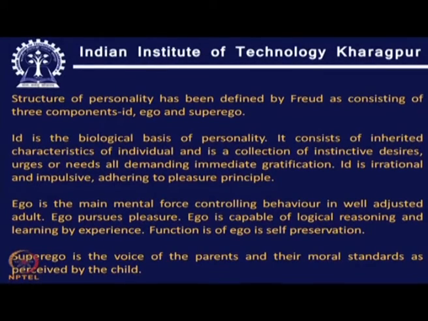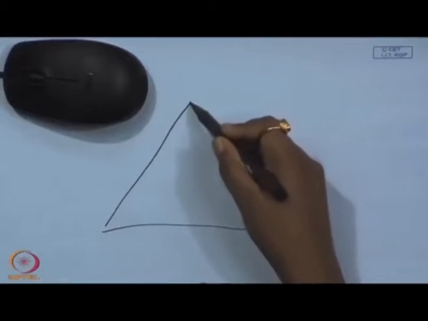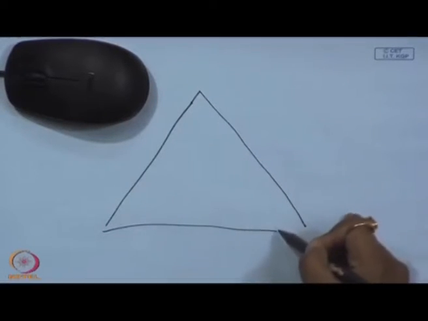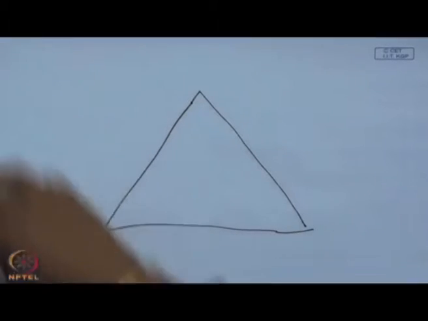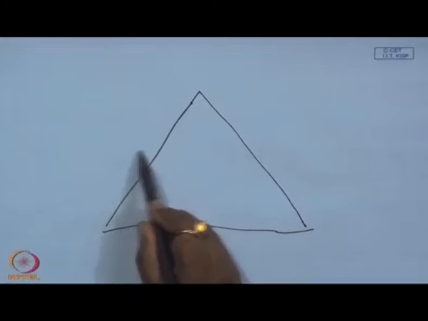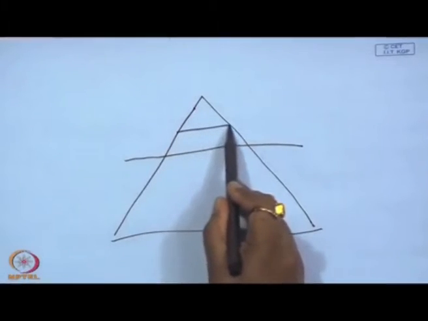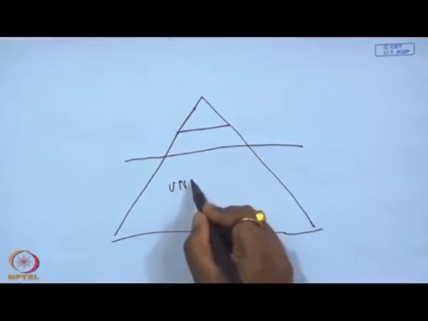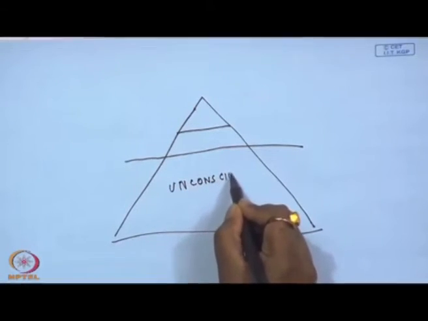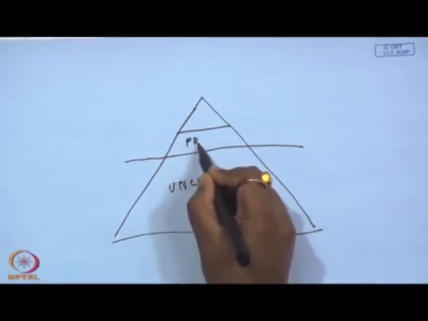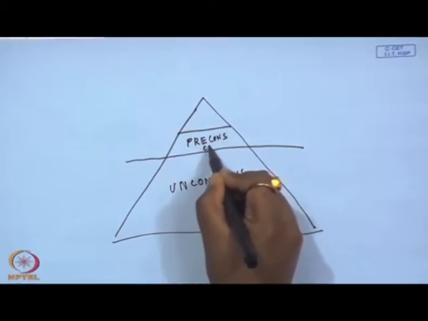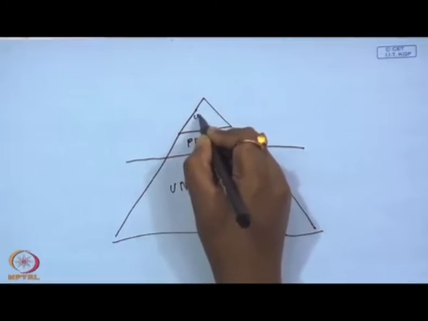If you can draw a model like this, where maybe this is the water, this one is the major part which is the unconscious part of us, this is pre-conscious, and this is conscious.